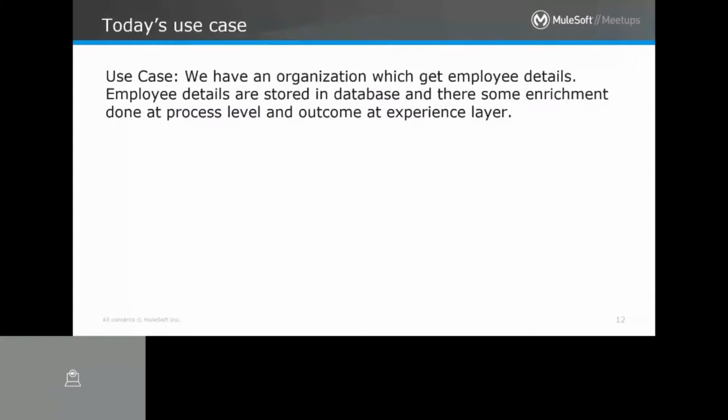We have to design an API which gets the employee data, stored in a database, and there's some enrichment at the process layer, and finally the experience layer. So we have basically three layers: system, process, experience. Why these three? So that I can show you how errors can be propagated from one layer to another.